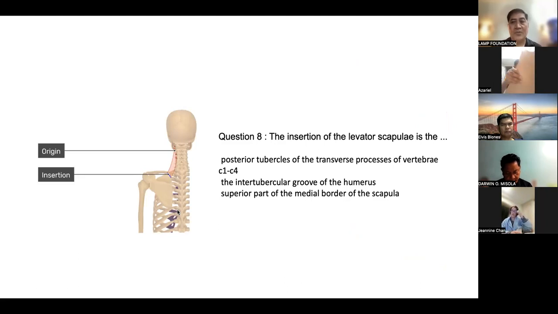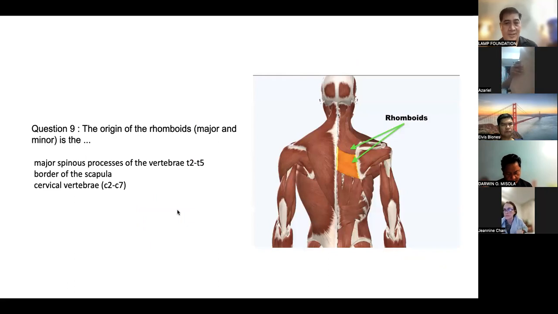Okay. Origin of the rhomboids, major and minor, is the cervical vertebra. C2 to C... Tingnan niyo po dito. Rhomboids pala eh. Ito yung rhomboid. Border of the scapula.